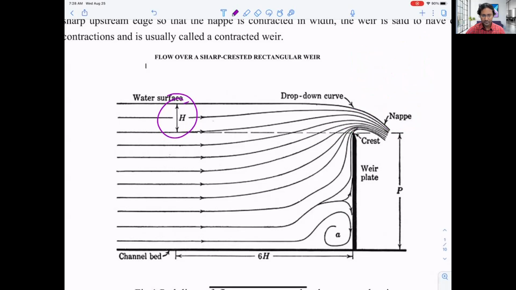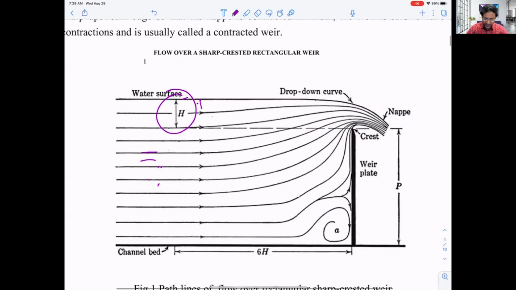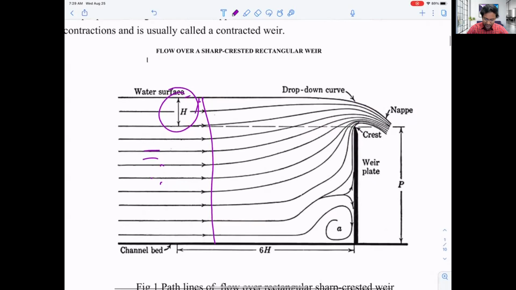So what is actually happening? Upstream of the weir, the flow is uniform and the pressure varies. Right here the flow is uniform, streamlines are parallel to each other. So we are assuming we have hydrostatic pressure like this, P equals rho g h, if there is the h.